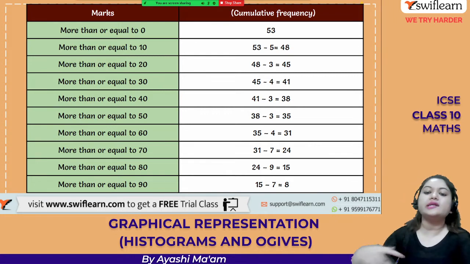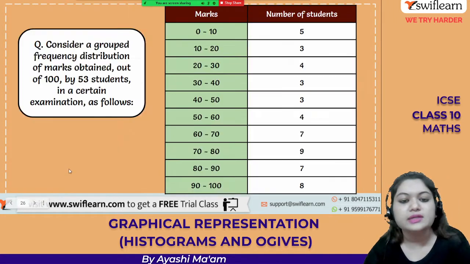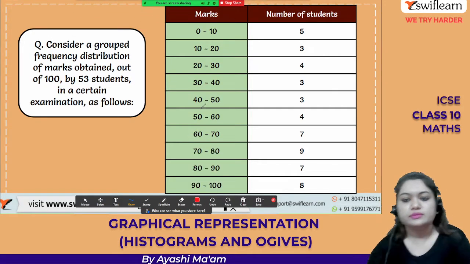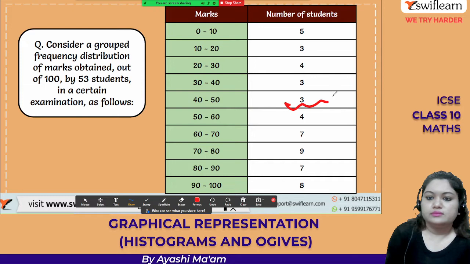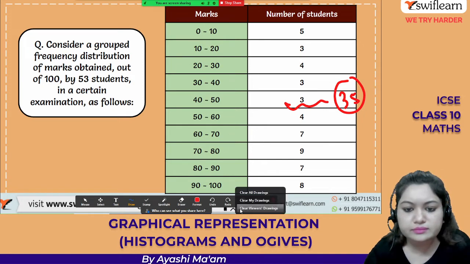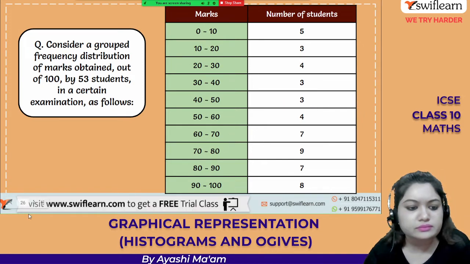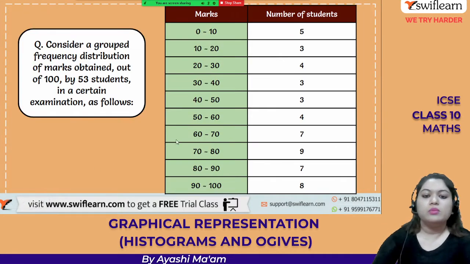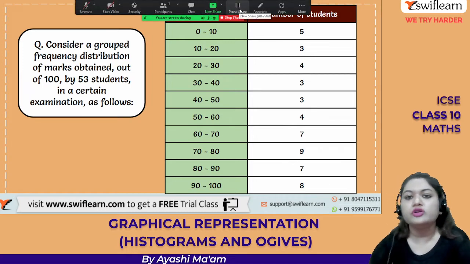Then 35 minus 4. So till here we got 35, and this one is for 35 minus 4. So more than or equal to 60. We simply need to do 35 minus 4.